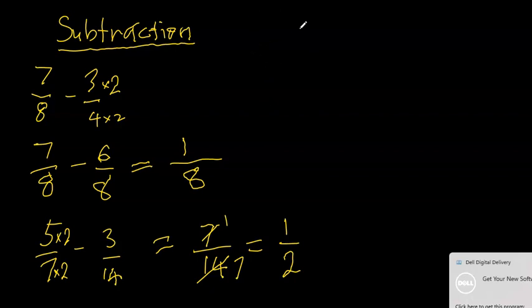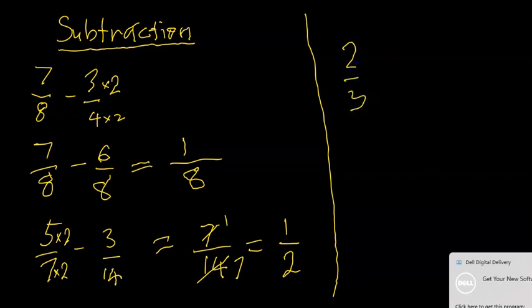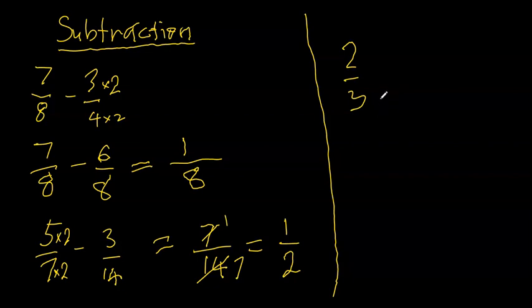I'll do one last one where the denominators are not straightforward to turn into common denominators, right? In this case, let's say I have 2 over 3 minus 1 over 5, right?